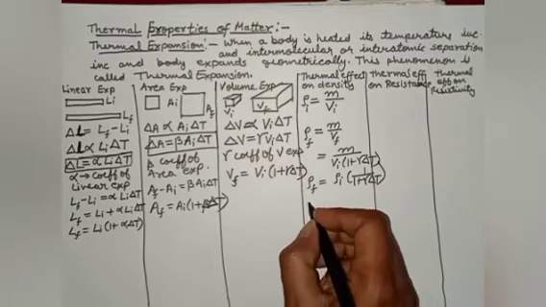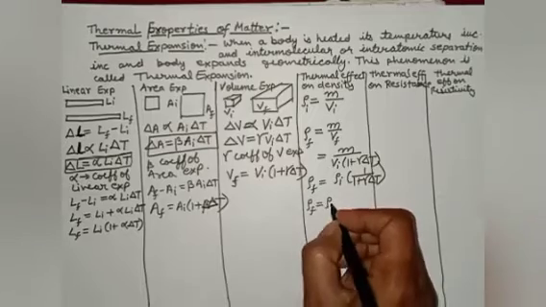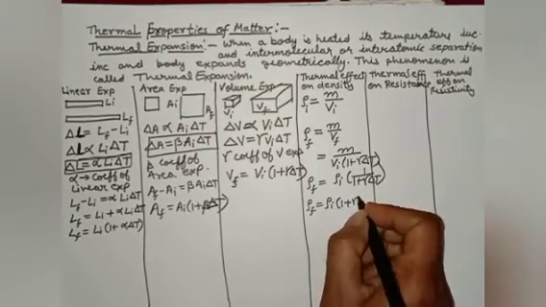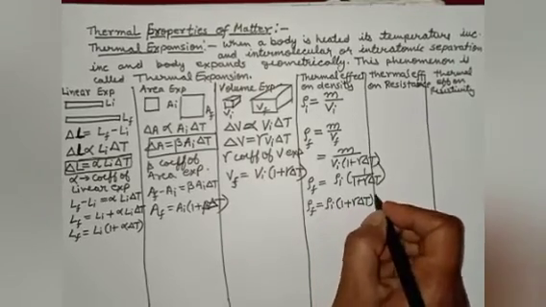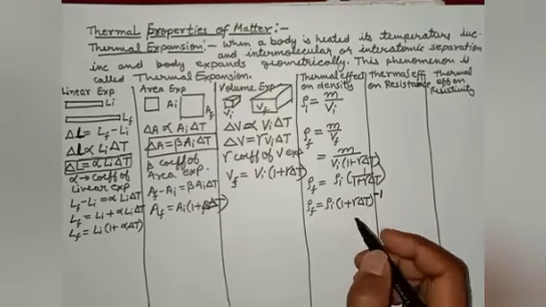Okay, now see, it is going to be a bit mathematical. Rho I (1 plus gamma delta T) to the power minus 1. I hope you people are getting it.